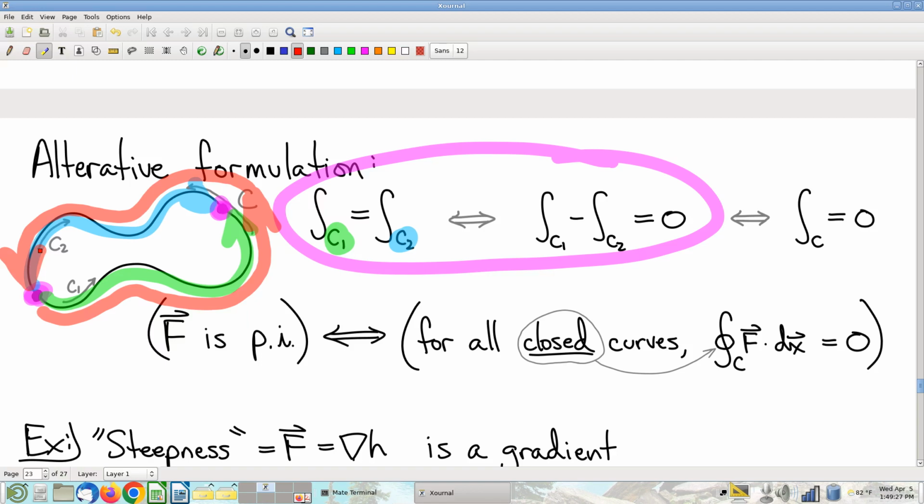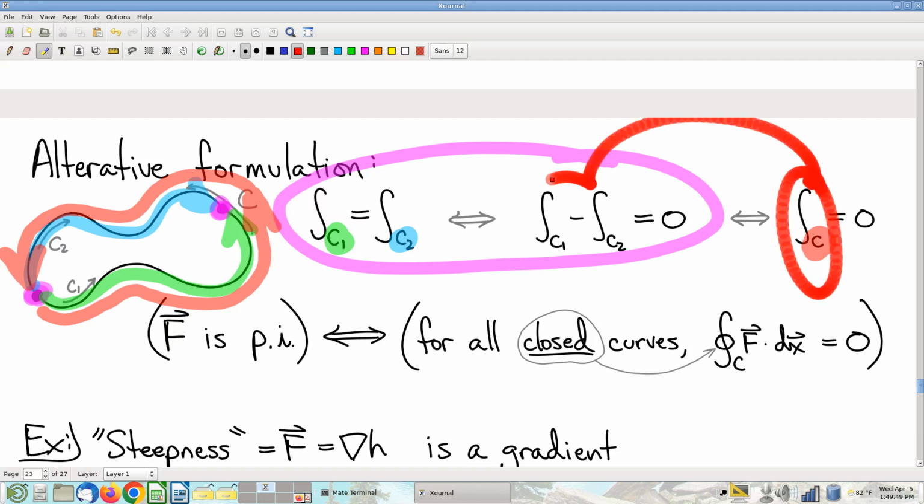Let's think about what is this line integral here on this sort of combined curve C. Well, that's going to give you exactly the line integral along C1 for the first part. And then, because you're going in the opposite direction, you're going to get the exact negative of the line integral along C2. So the point is, that integral is exactly that difference.